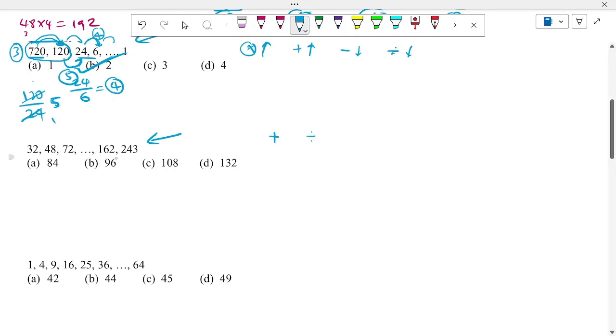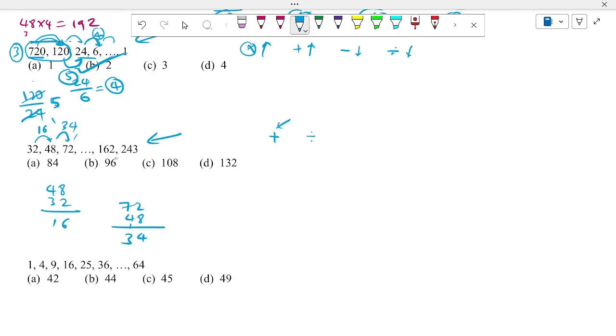Now, if you try to find the relation, check whether it is plus or not. For that, what will you do? 48 minus 32, so it is 16. There is a 16 increment. If you check here, 72 minus 48, it will be 24. There is a 24 increment.